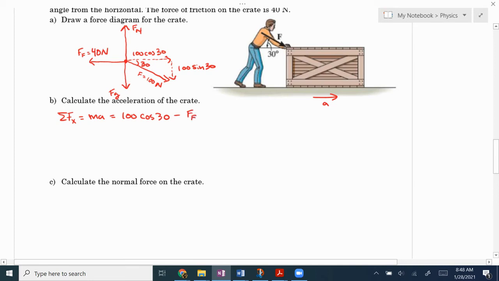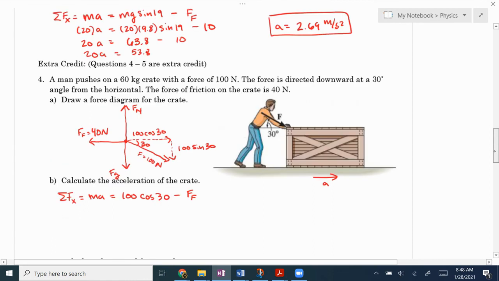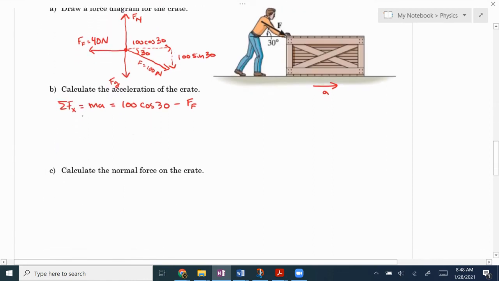Plug in our numbers. Let's see here. What was the mass of the crate? 60 kilogram crate. So 100 times cosine of 30 is going to give me 86.6, minus, what did I say? The force of friction is 40.